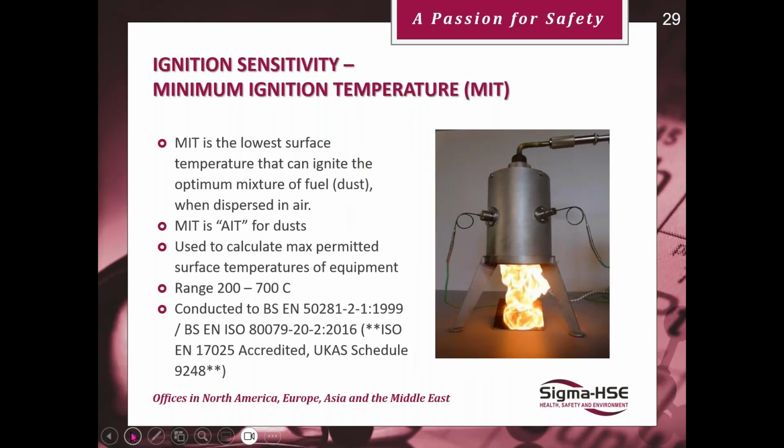So it's one of the values you would use when you have a piece of electrical equipment and you need to know its maximum surface temperature. The equipment can test between 200 and 700 degrees C, and the standards are down below. We also test to the American standards, ASTM.